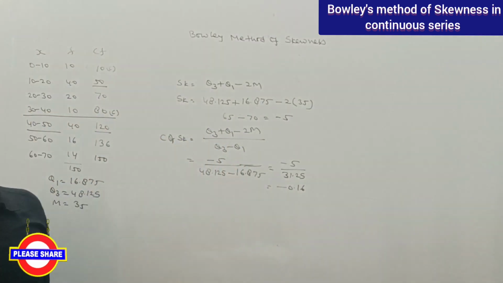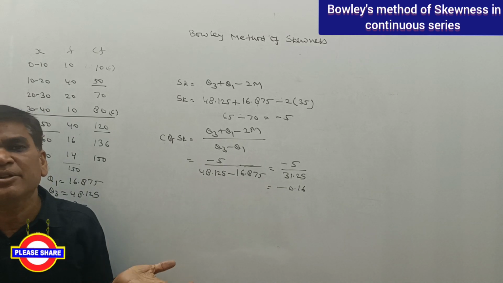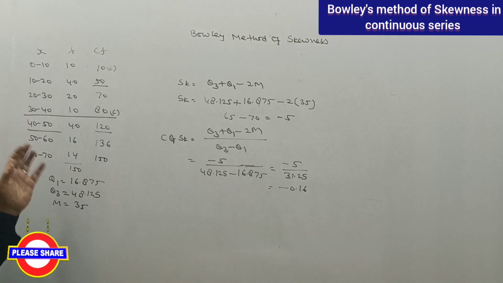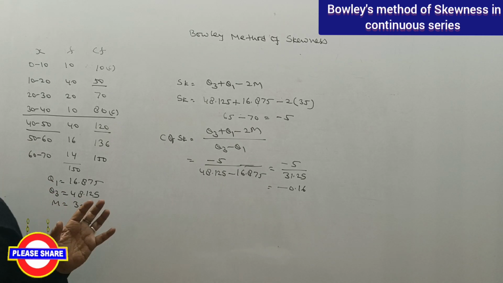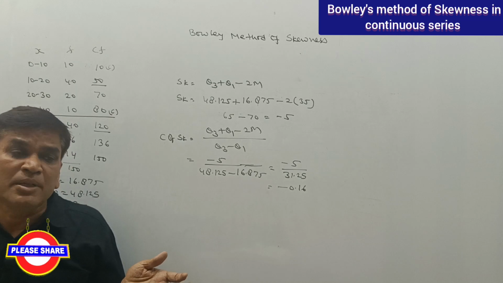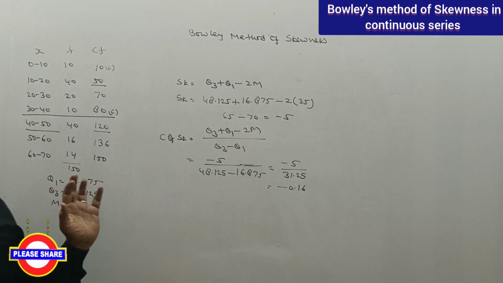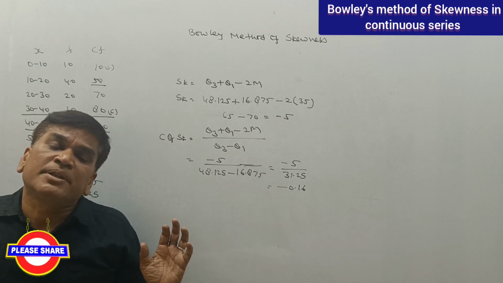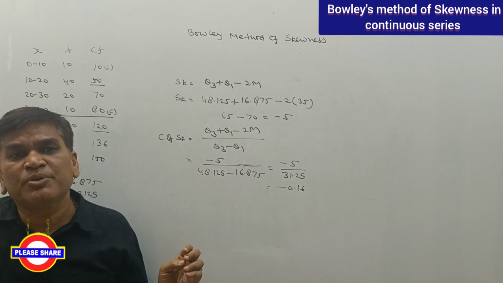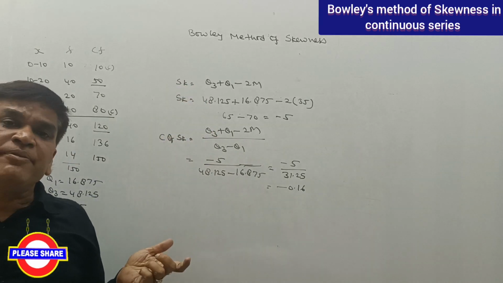So with the help of the Bowley method, in the case of a continuous series there is no problem at all. By putting in the values very easily, in the case of a continuous series, first we find the cumulative frequency, then we calculate the value of Q1, the value of Q3, and then the median value.